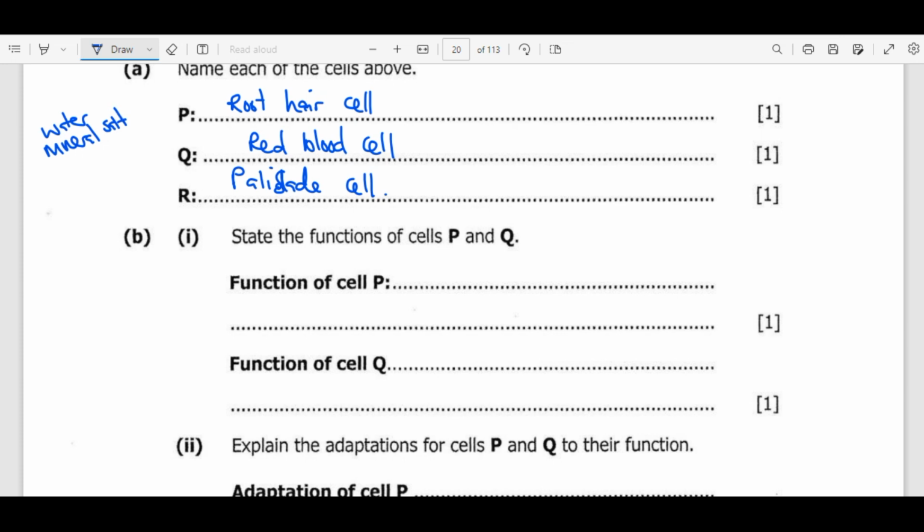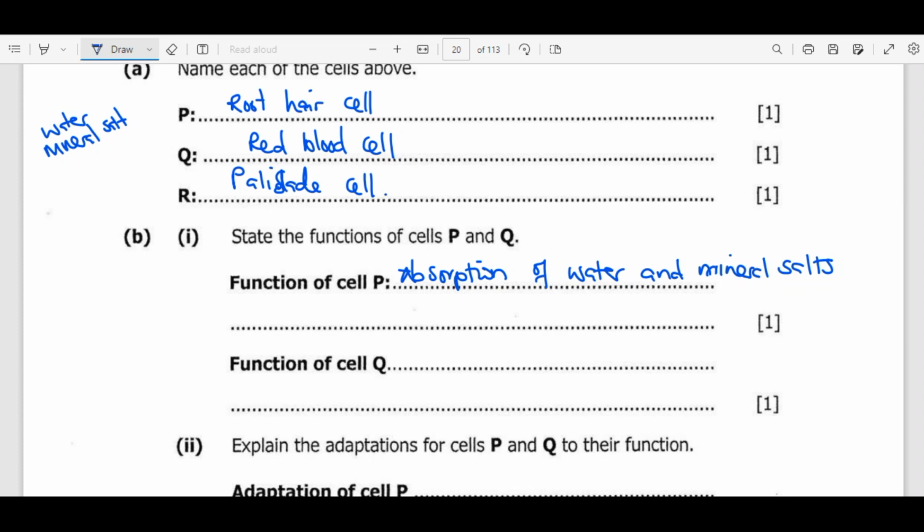So the function is absorption of water and mineral salts, by the process known as active transport.